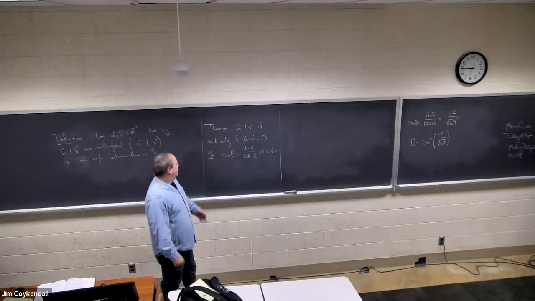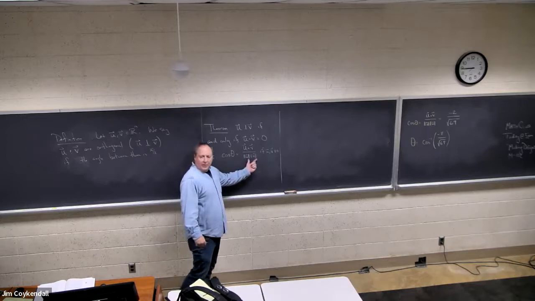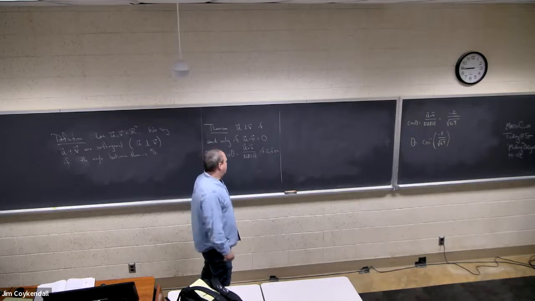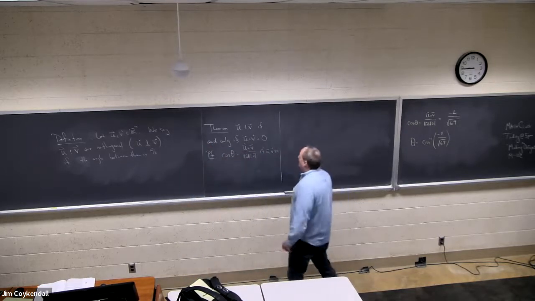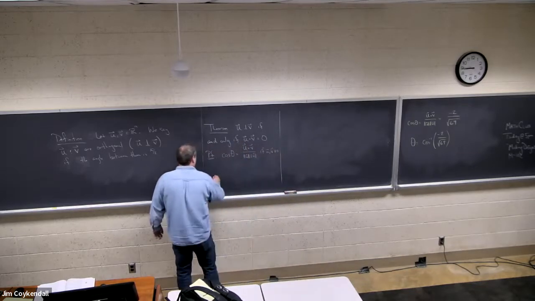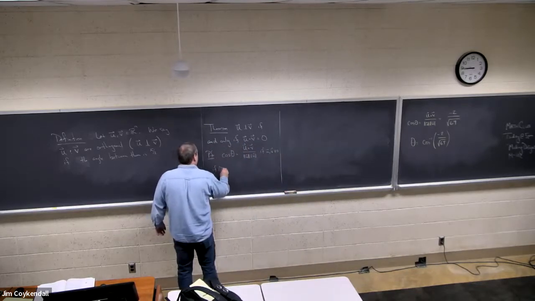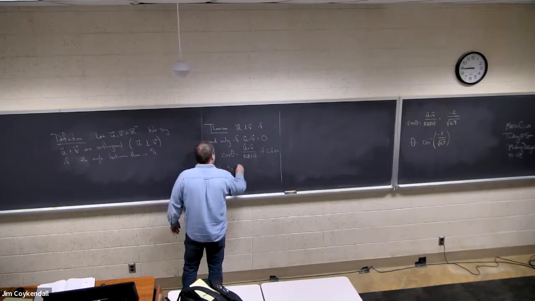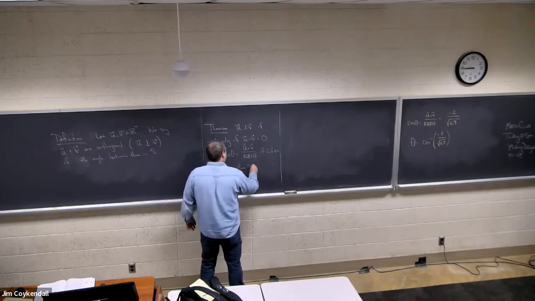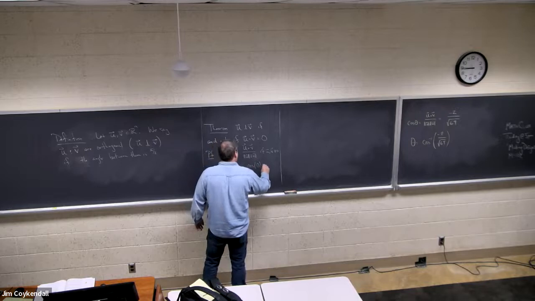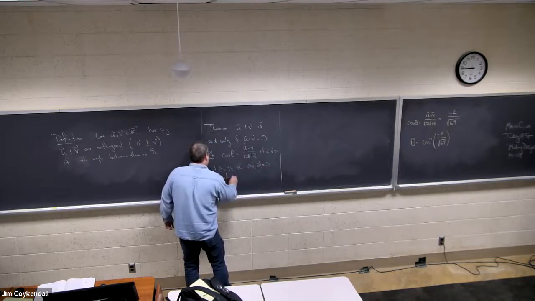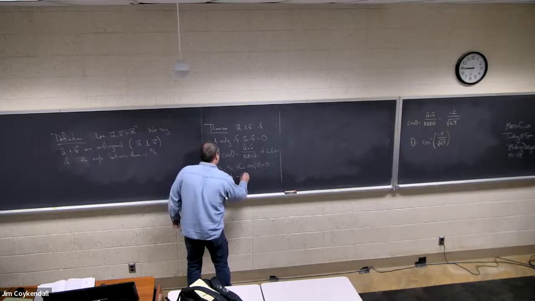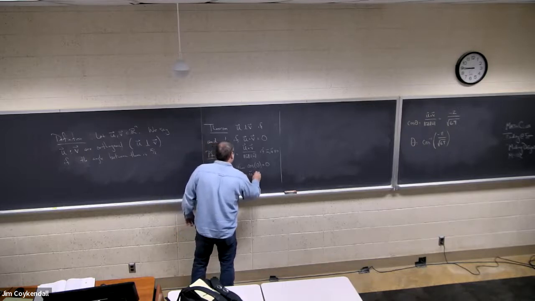Again, we're assuming that U and V are not zero, because otherwise we've got problems here. And we did give you the caveat that we're going to assume that zero vectors are orthogonal to everything. Notice that if theta is pi over 2, then cosine of theta is 0, which implies U dot V is 0.